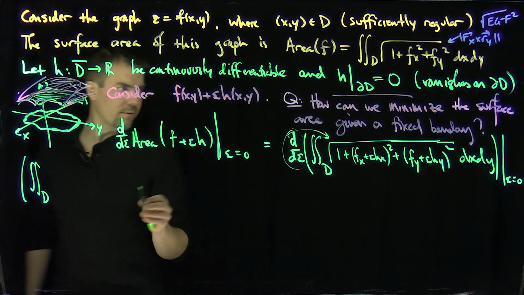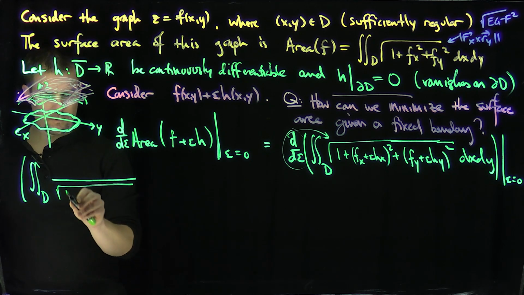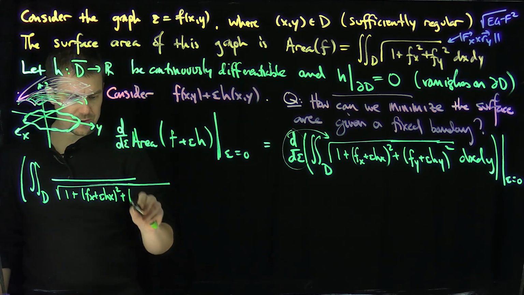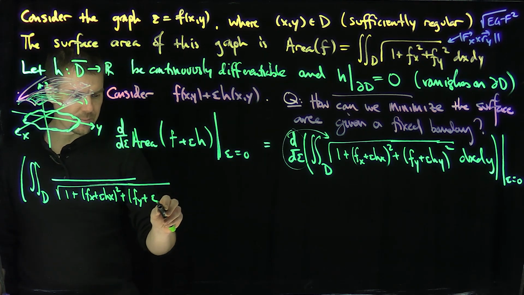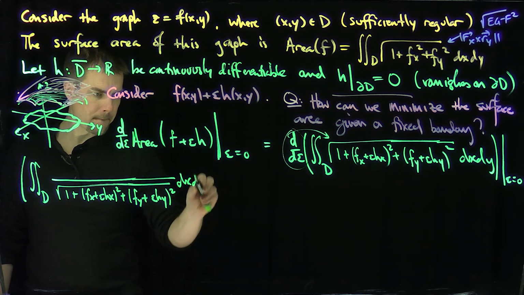We're going to have this thing in the denominator, of course: square root of 1 plus (fx plus epsilon hx) squared plus (fy plus epsilon hy) squared, dx dy.